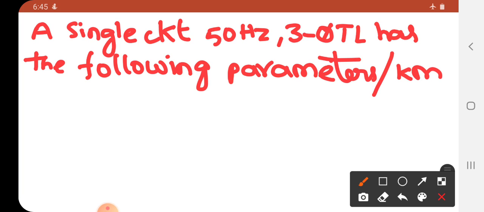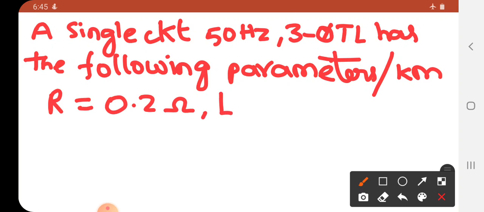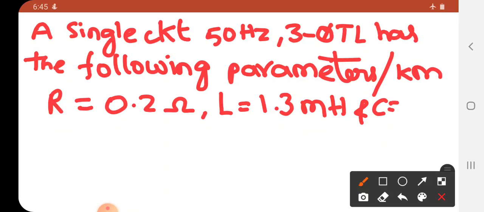He has given the values: R is equal to 0.2 ohms, L is equal to 1.3 millihenries, and C is equal to 0.01 microfarads.